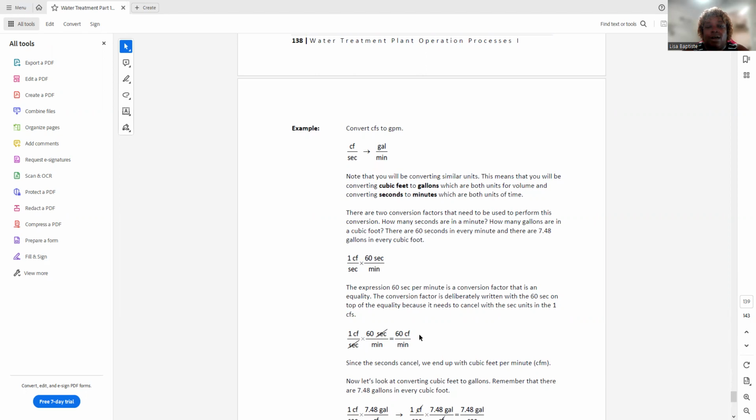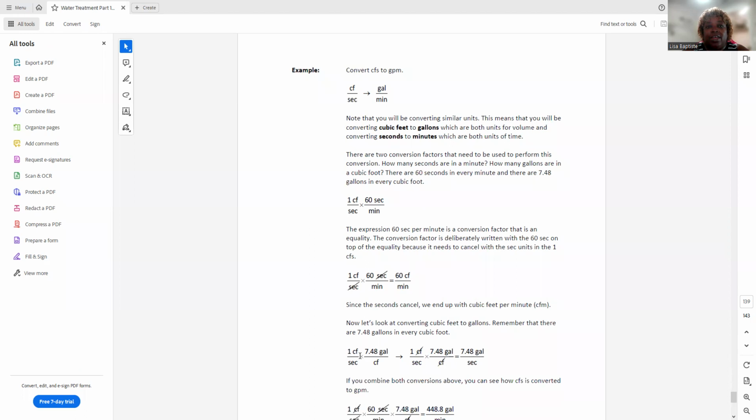So when we do this equality, we have 60 cubic feet per minute, but we want gallons per minute. So now we've got to get rid of the cubic feet and go to gallons. So 1 cubic feet is the equivalent of 7.48 gallons. And that we got from that table 1 that I showed you at the beginning of this video.